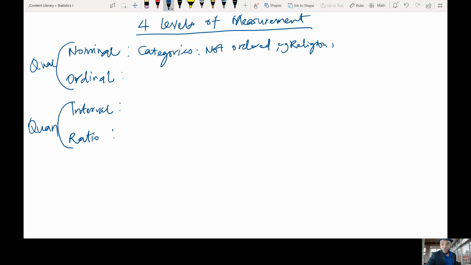Another example could also be race. If I give some numerical data, I say 1 is Hispanic, 2 is African American, 3 is Latino, 4 is any other race. That also does not signify any form of ranking. It does not mean that one race is better than the other. Okay, there is no inherent ranking, so we simply say they are labels. Now, for ordinal, the difference here is that it can be ordered.